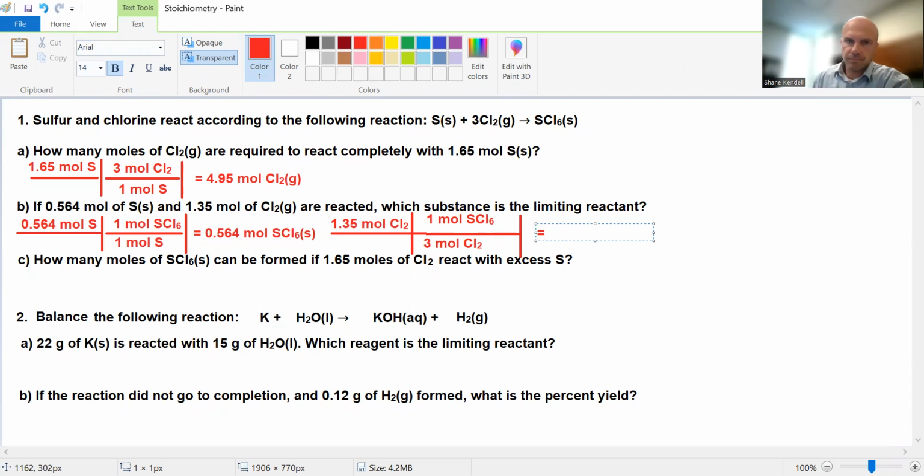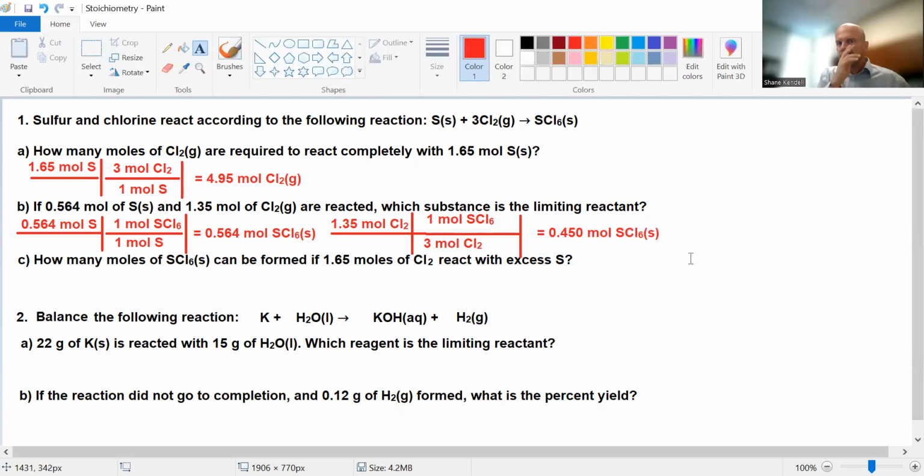So now, a third of 1.35 is 0.45. Now, what these calculations show is that based upon 0.564 moles of sulfur, I could form this many moles, again, 0.564, of SCl6, provided there was enough Cl2, or if there's excess Cl2.